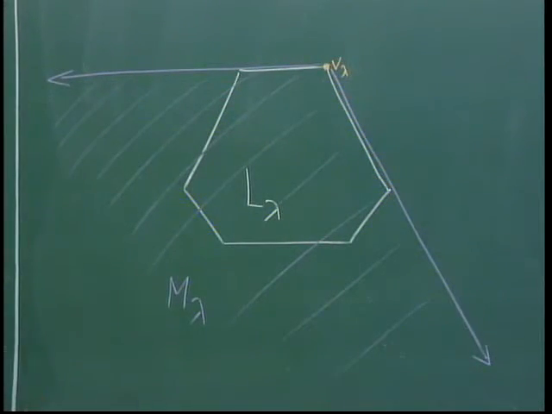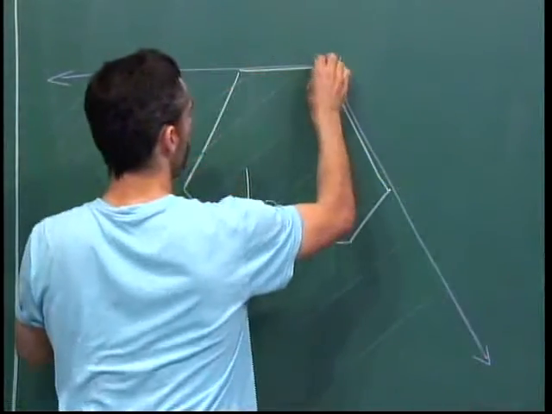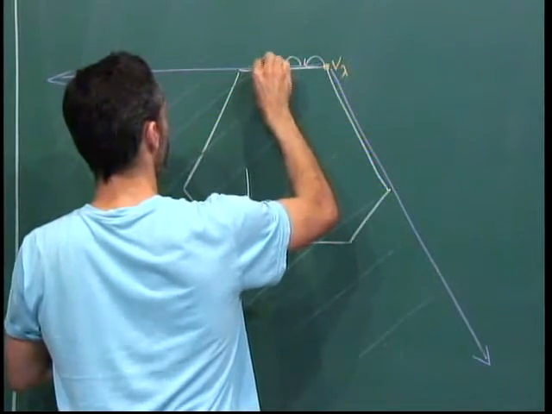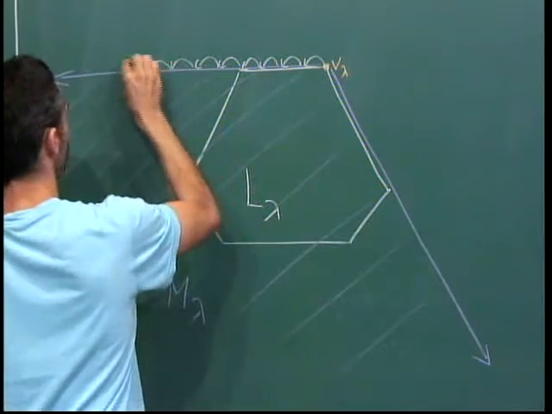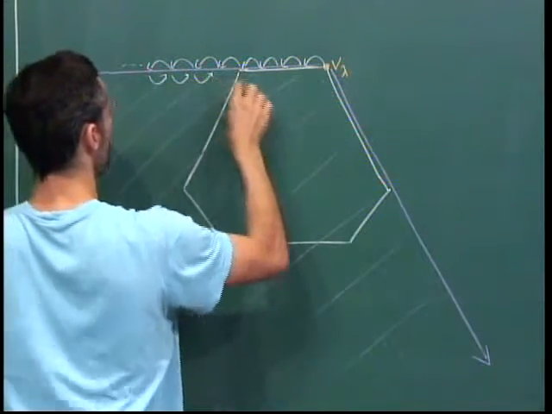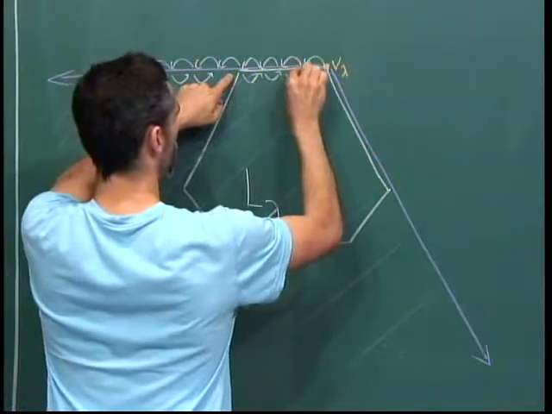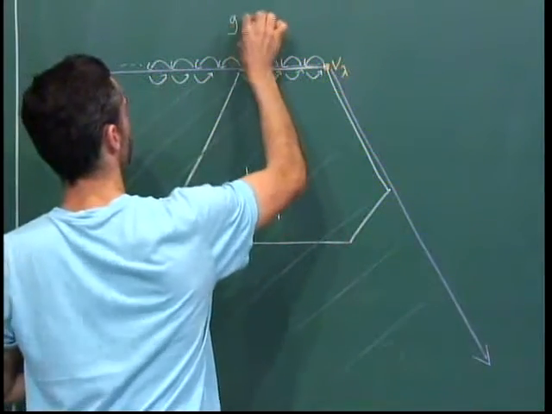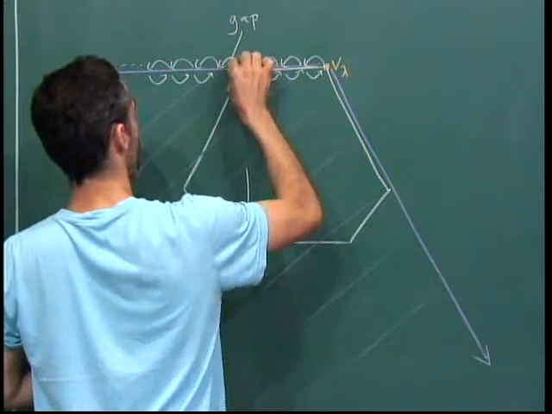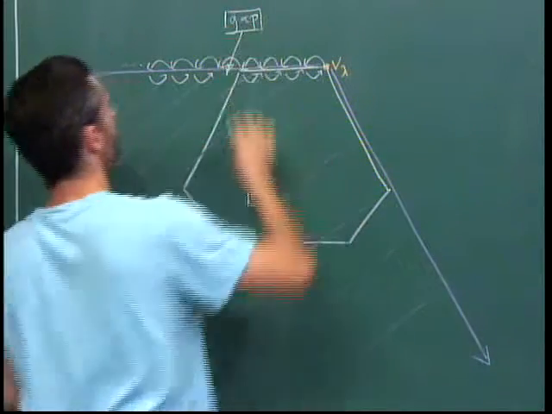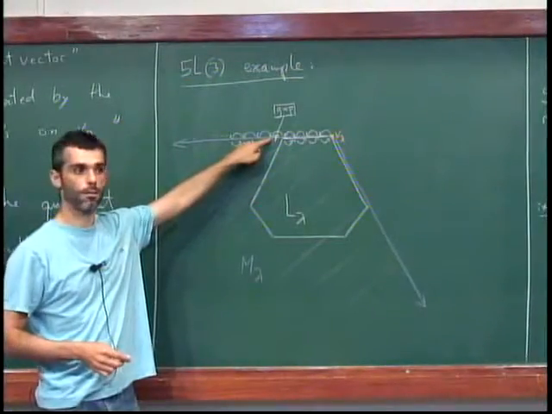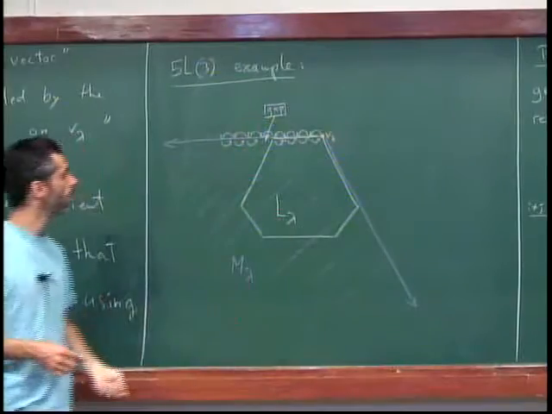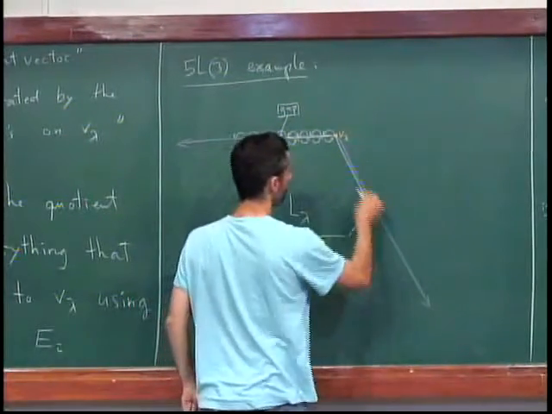But then if I go and analyze the situation in detail, what I will see is that along this line I have lowering operators and raising operators. And here there's a gap. And so all that stuff is stuff that's not able to go back by using raising operators. I mean, there's nothing to raise it to. And same thing there.